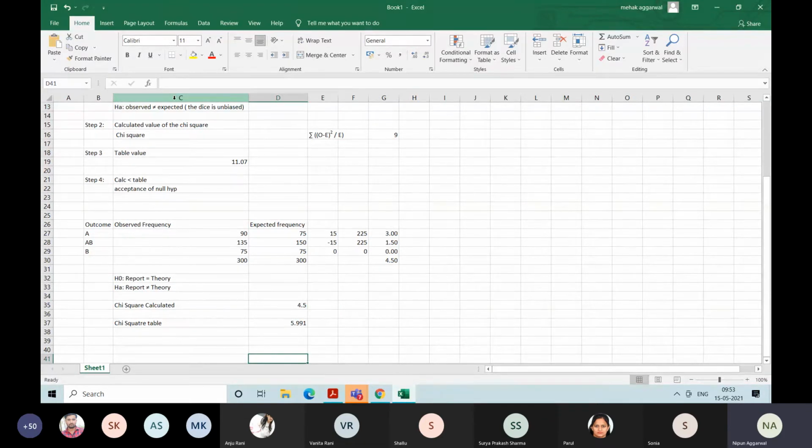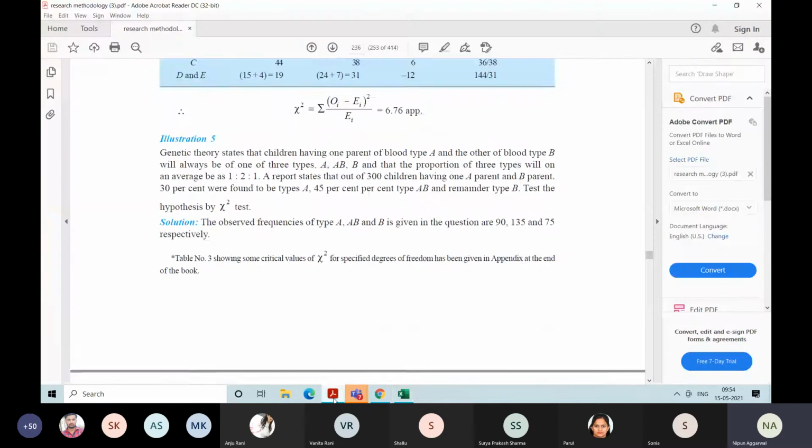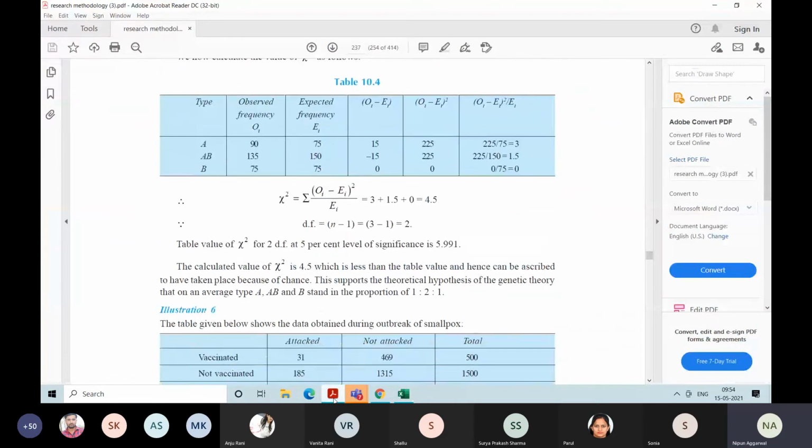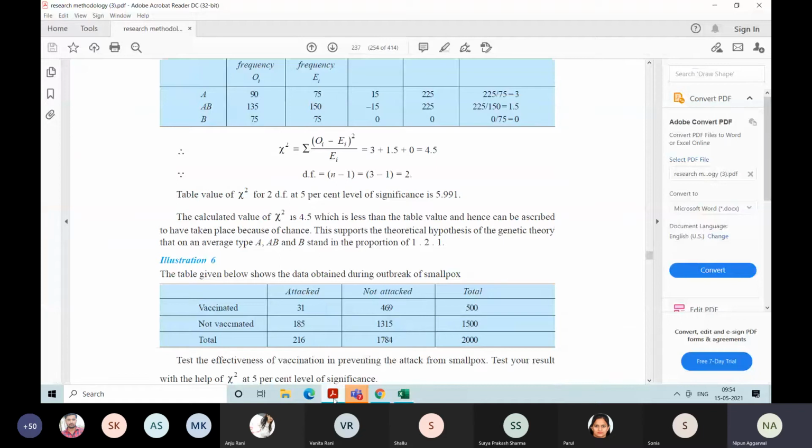So that is the logic behind that question. Let's check if the same result comes in that question also: 4.5, degrees of freedom 2, 5.991.